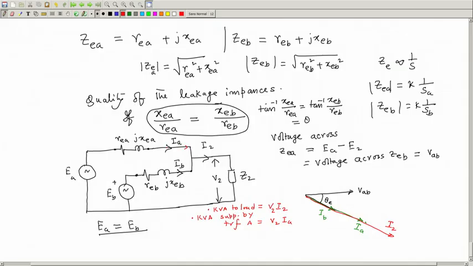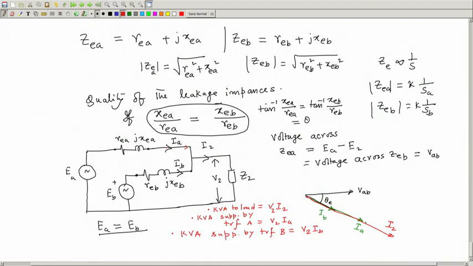And the KVA supplied by transformer B is equal to V2 into IB.